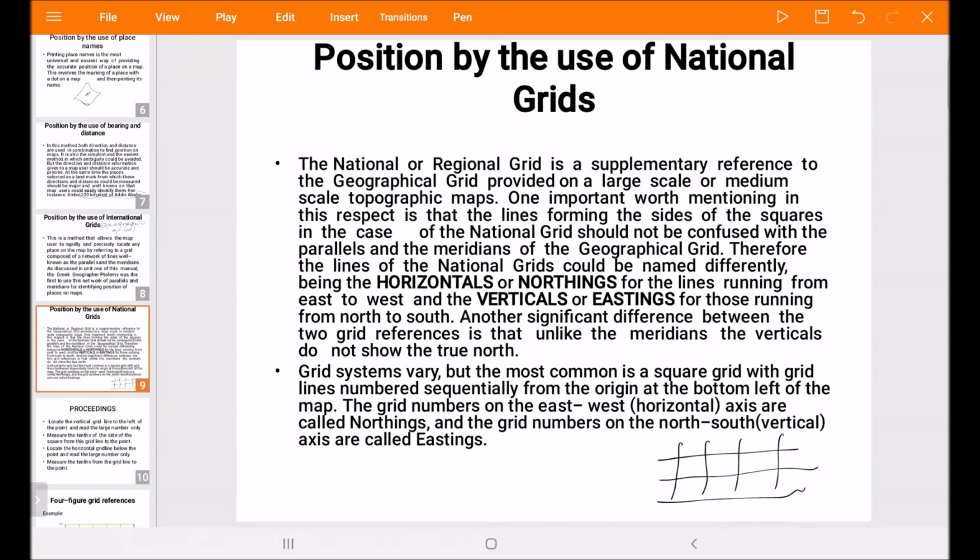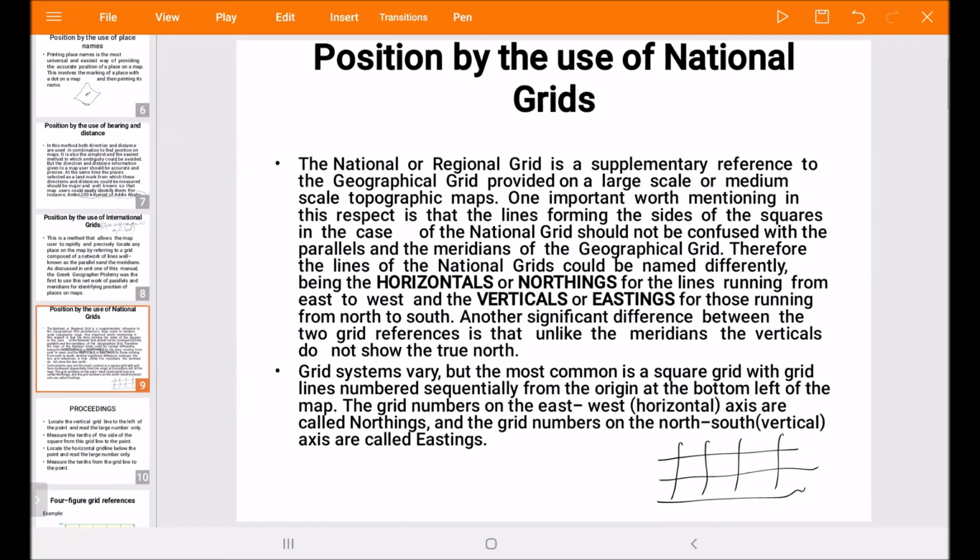Again, in order to locate position by the use of national grid, ሁለት ነገሮችን እንጠቀማለን, 4 digit and 6 digit. The difference between 4 digit and 6 digit is accuracy. 4 digit uses small scale, whereas 6 digit uses large scale.